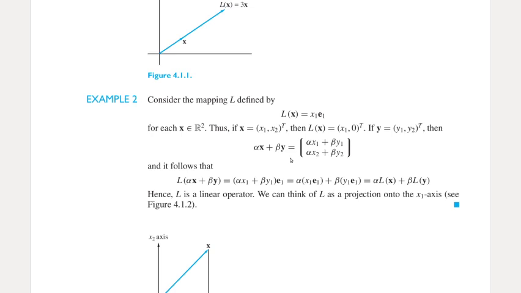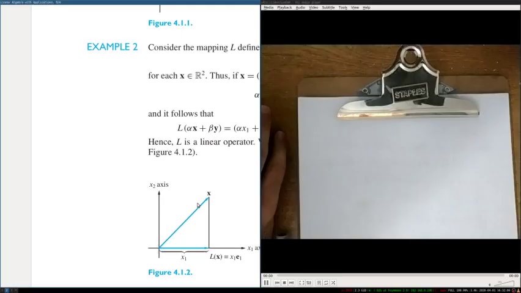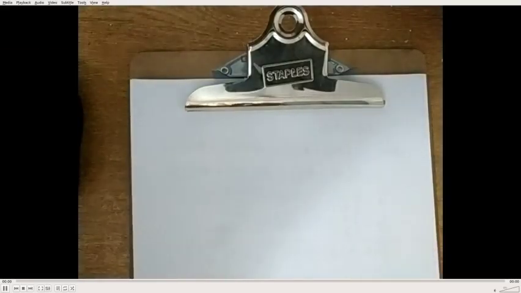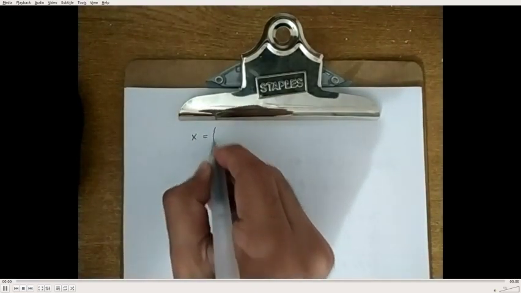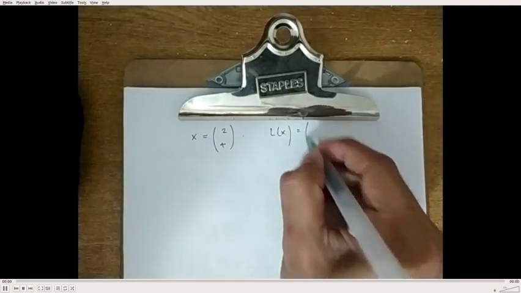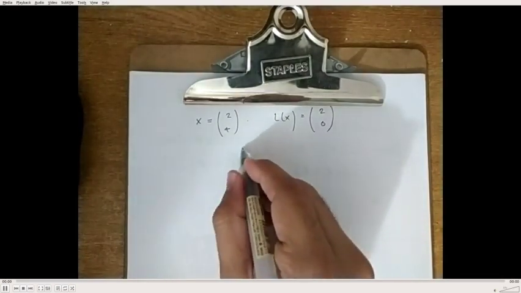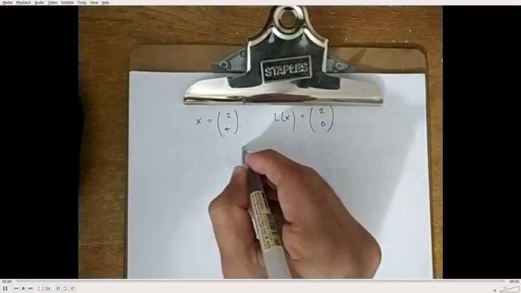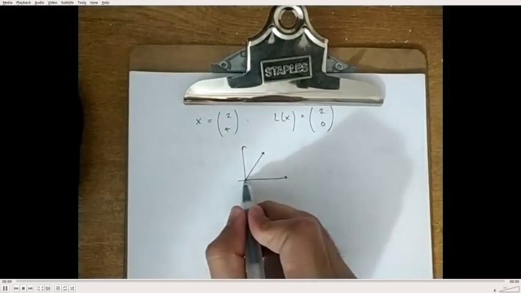Actually, before moving on, let's consider what this operator is actually doing. If you have a vector, let's suppose again we were considering x equals (2, 4), and its image L of x was simply (2, 0), then if I draw it visually, the vector (2, 4) became simply (2, 0).